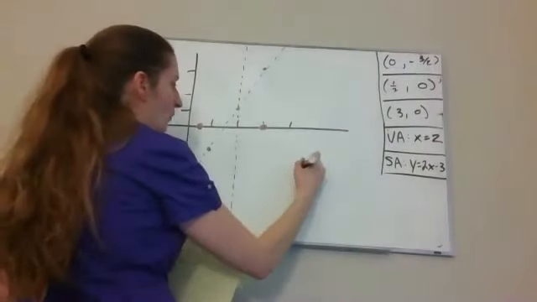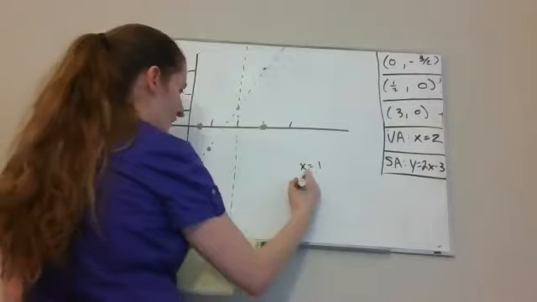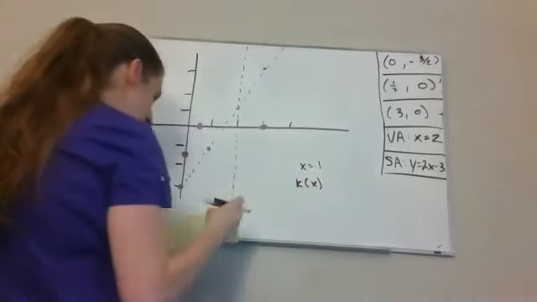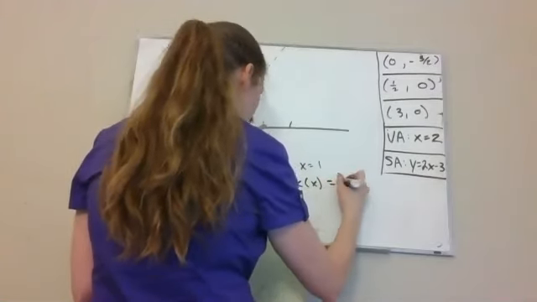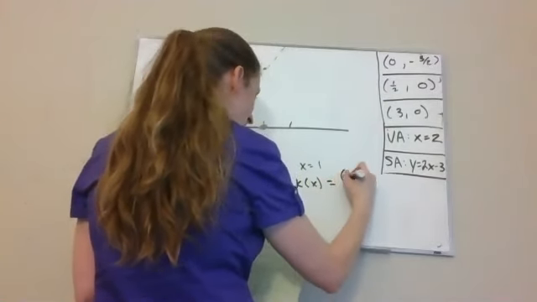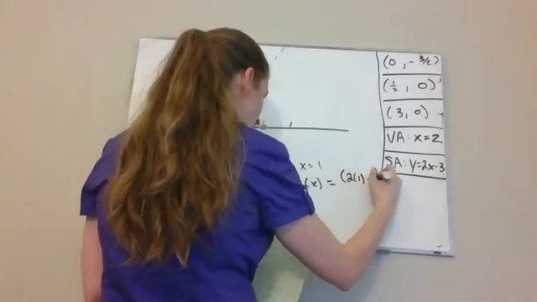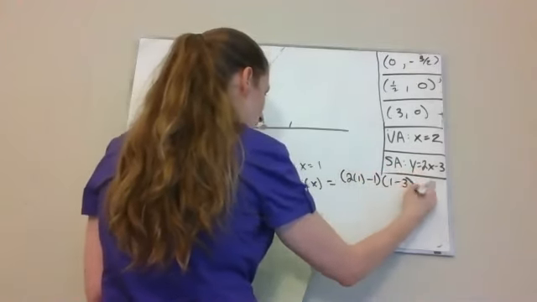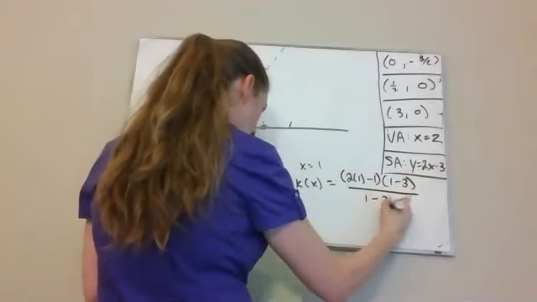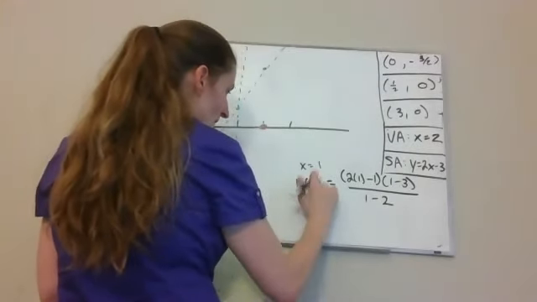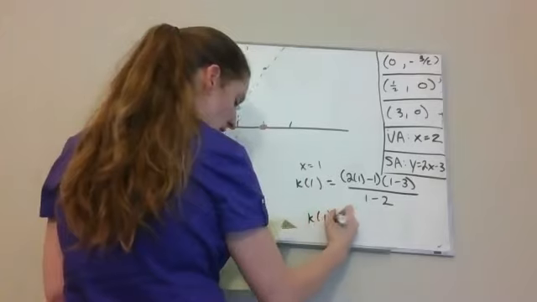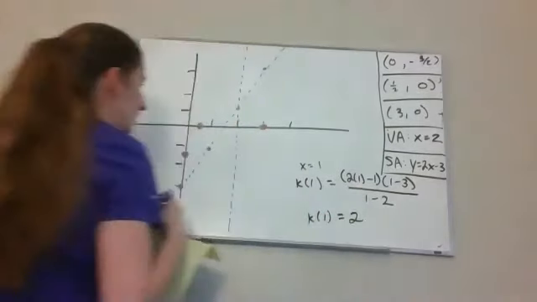When x equals 1, my function k of x is equal to, in the factored form, 2 times 1 minus 1 times 1 minus 3 over 1 minus 2. And when I simplify that, I get that k of 1 is equal to 2.